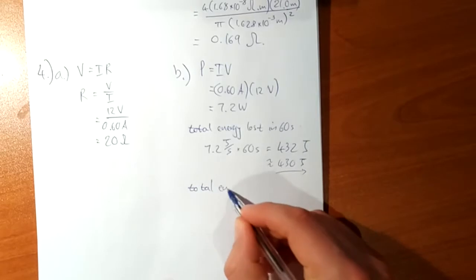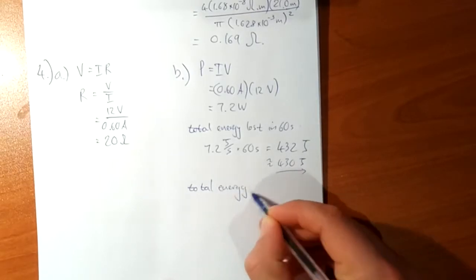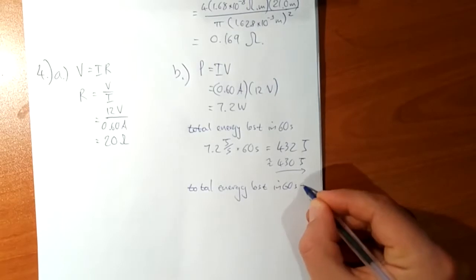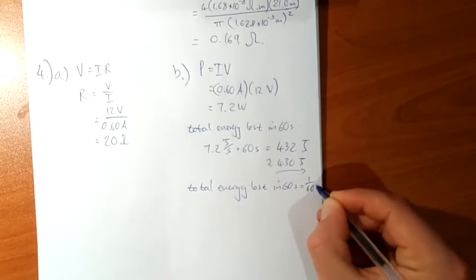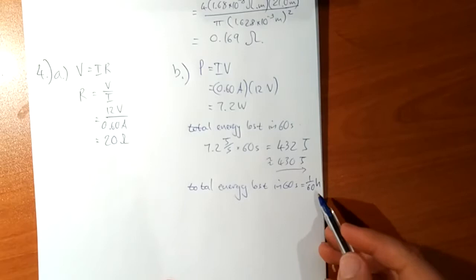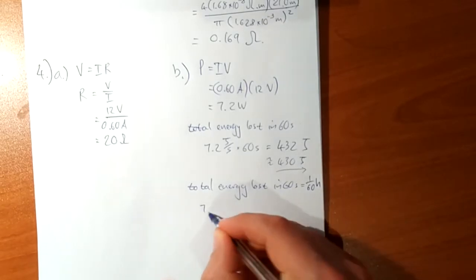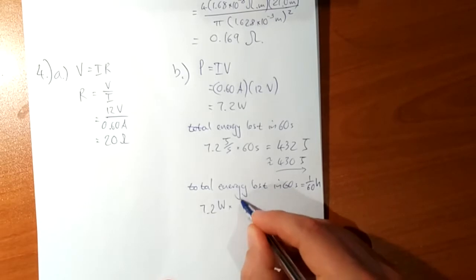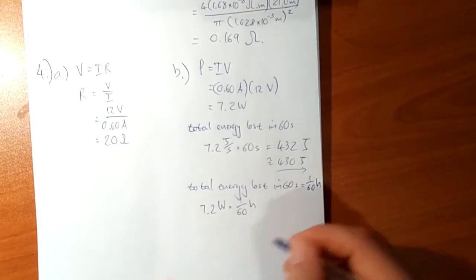So total energy lost in 60 seconds, which is a 60th of an hour, right? Because a minute is a 60th of an hour. So that would be 7.2 watts, multiplied by 1 over 60 hours. Right?